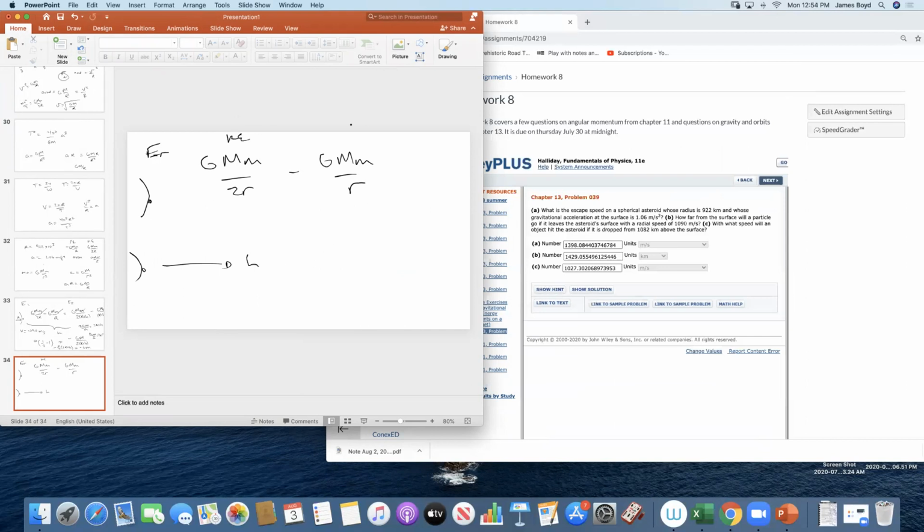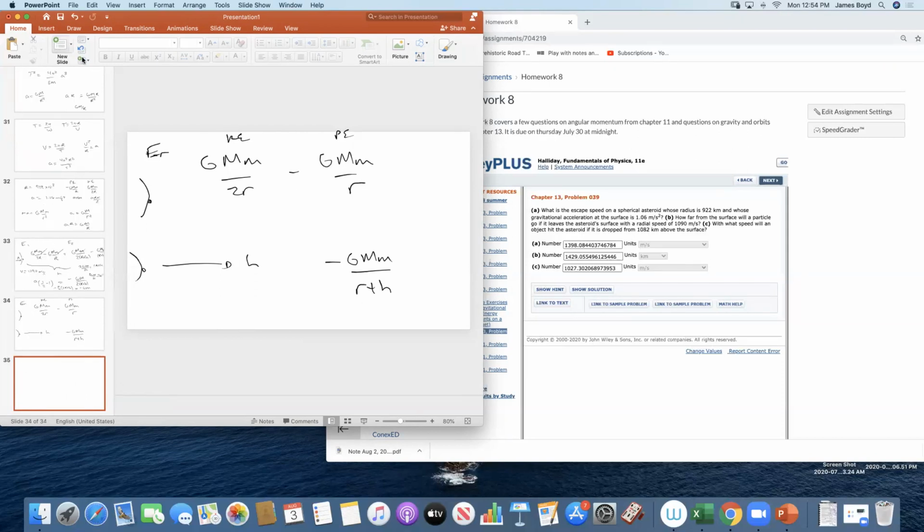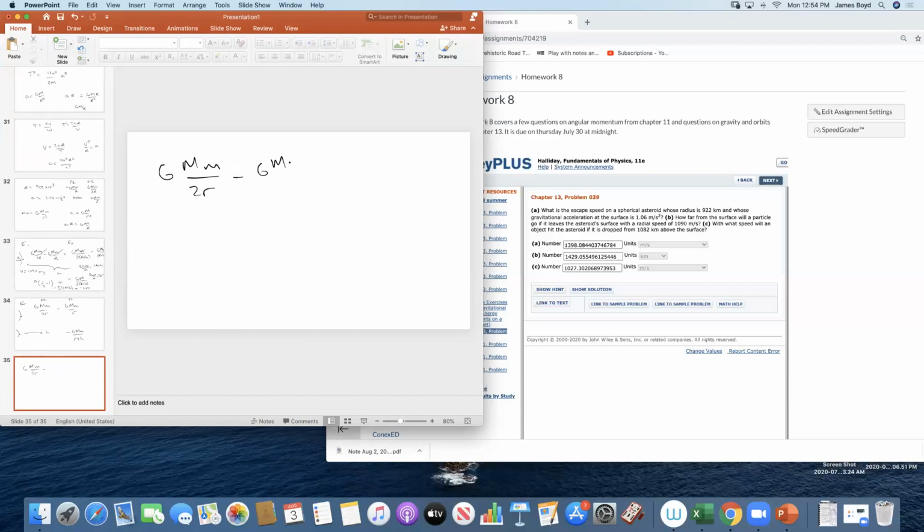This is kinetic energy, this is potential energy, which means the energy here is all potential. So this is minus GMm over R plus H. Now, what that means is we get GMm over 2R minus GMm over R is equal to minus GMm over R plus H.